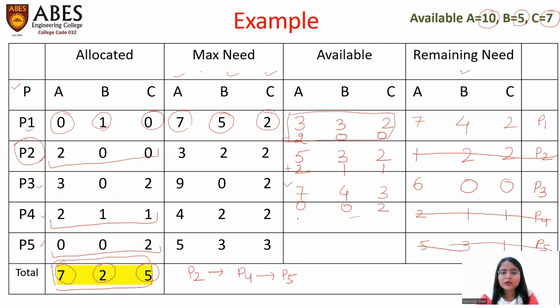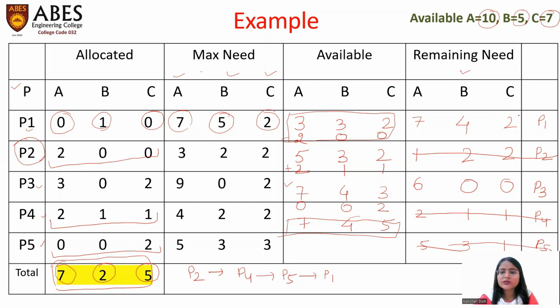So now the new available amount of the resources is 7, 4 and 5, right? Now I can allocate this amount of the resource to the processes. Now I can see P1 and P3 are waiting. So I will give the resources to P1.